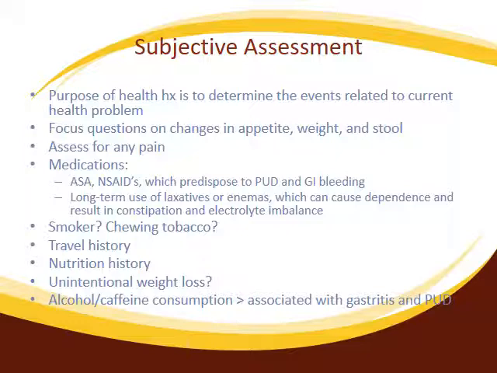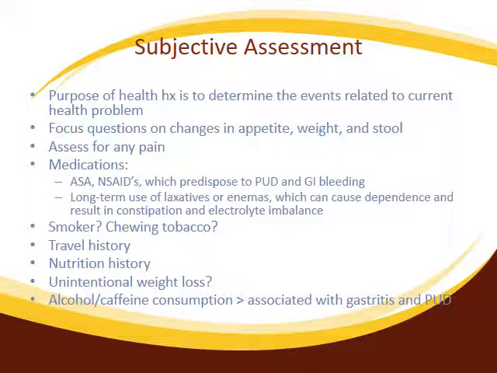And then we want to focus our questions on any changes in their appetite, in their weight, and in their stool. Has it gotten gassier? Are they formed? Are they constipated, or are they loose and watery? Have they changed? Are they ribbon-like stools? That can indicate that there's a narrowing of the intestinal canal.